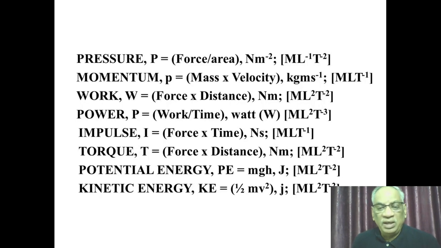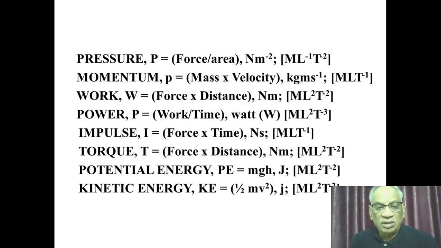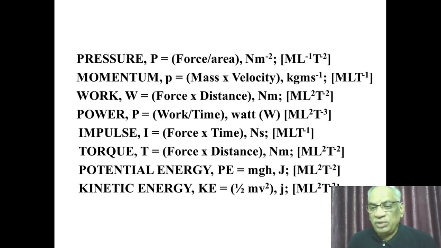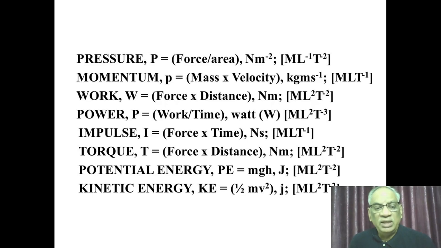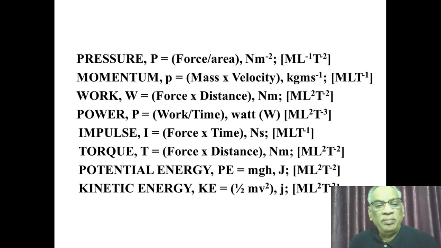When force is applied on an area, pressure is created on that area, that is force by area. Force is again newtons, that is kg meters per second square, and by area, meter square. So its unit is newtons per meter square, and the dimension is ML minus 1 T minus 2.